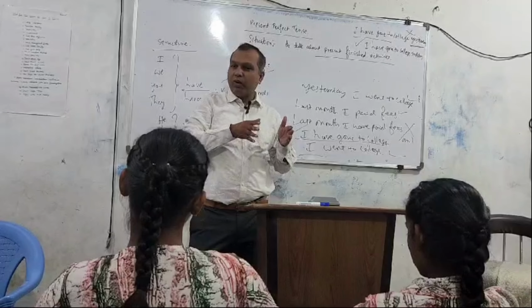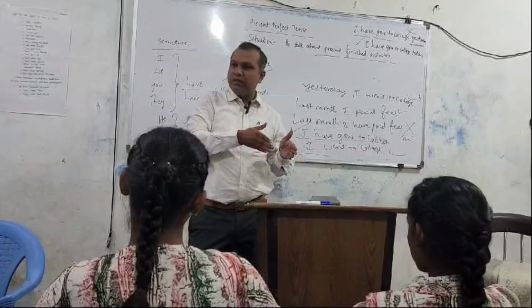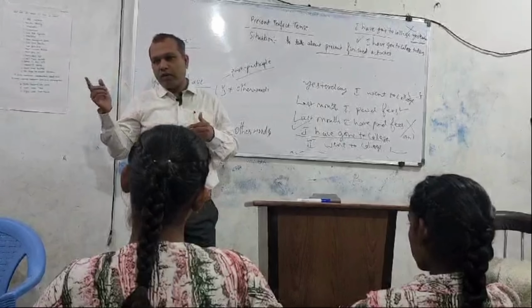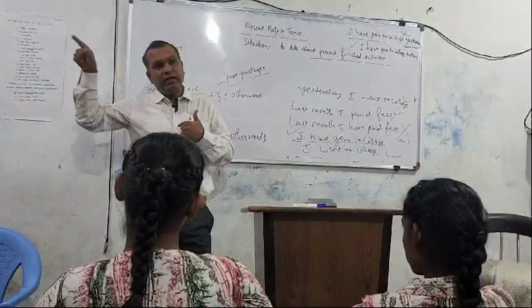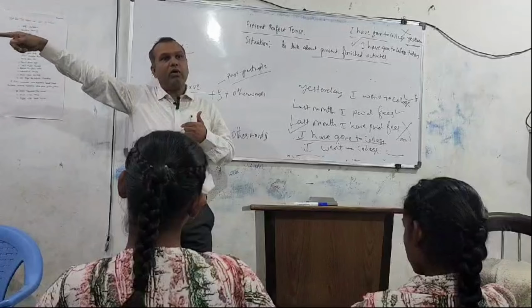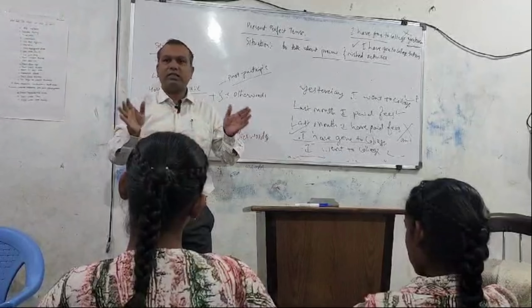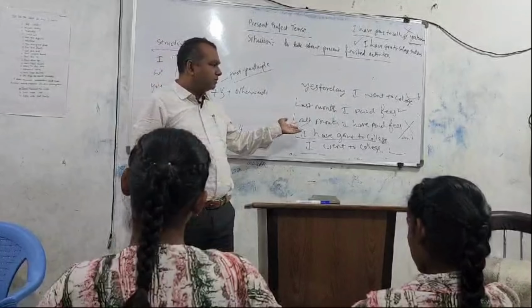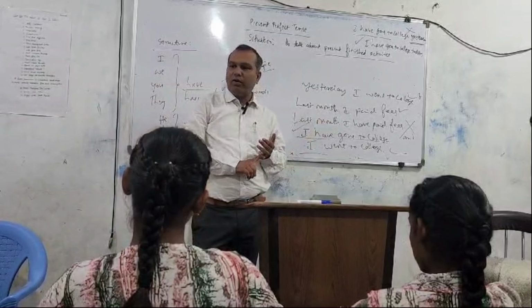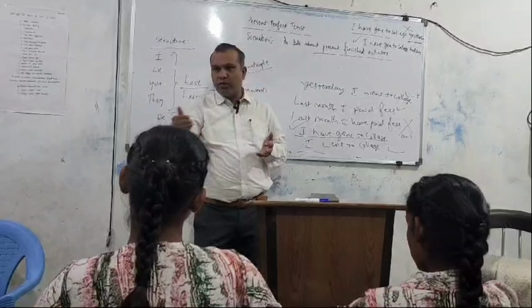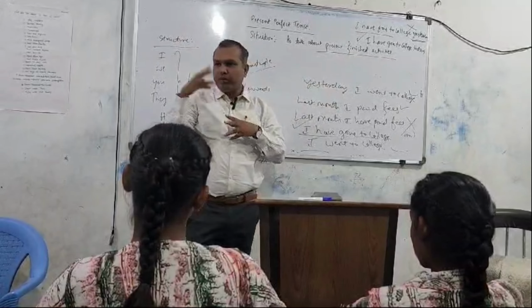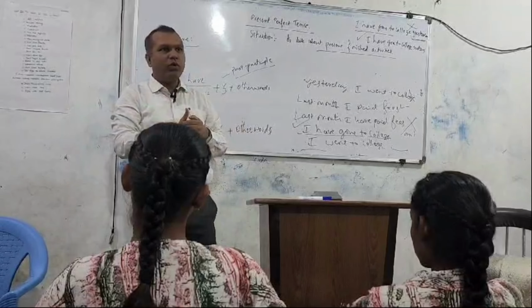Right now the work is completed, and the person is related to that particular situation. I have gone to college means I am related to the college. Right now I am in college because the work is just completed. When work is just completed, we can use this. I have paid exam fees just now. I have purchased a car. I purchased a car means it is somewhat of an old car.